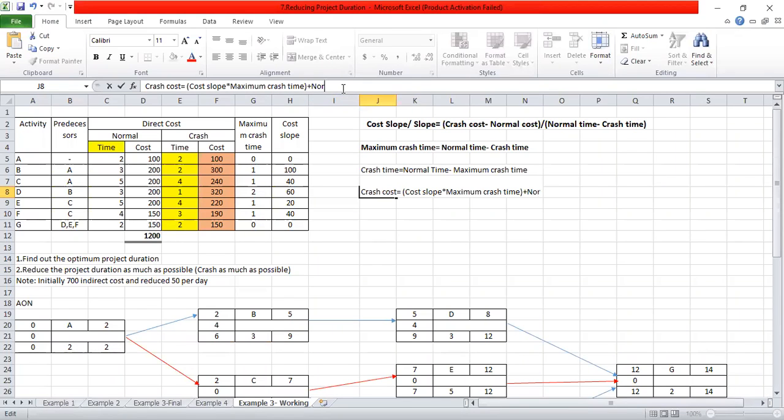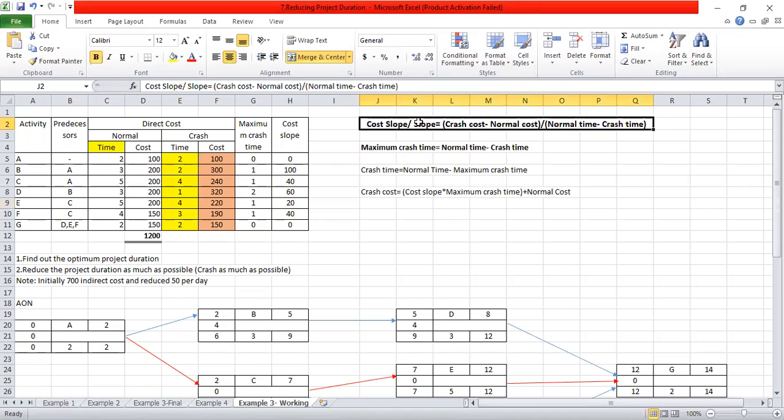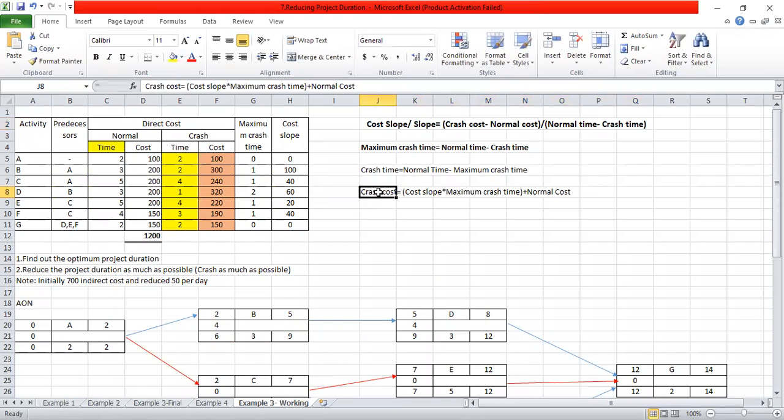Actually, if you know this equation, and if you know the denominator of this equation is equal to the maximum crash time, you are able to solve all these simple equations, right? So this is the thing that you have to do when finding the crash cost.